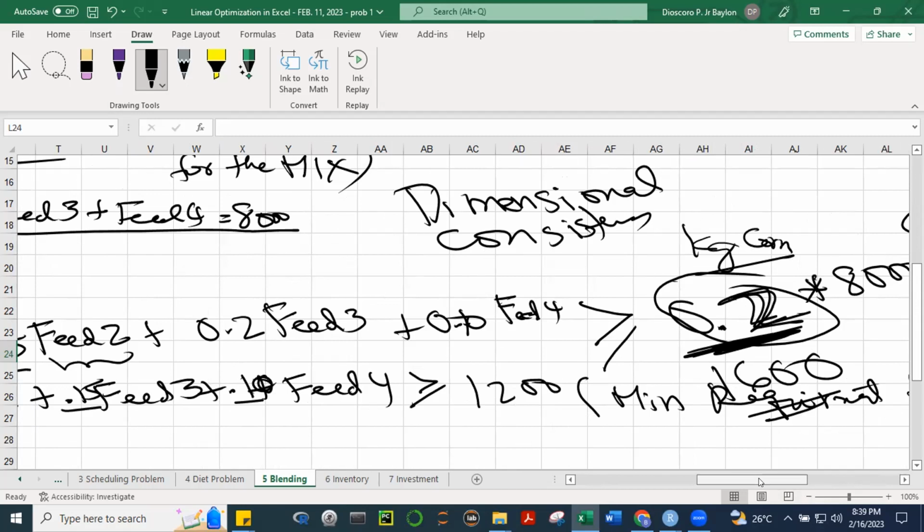Okay, so that takes care, class, of the requirement for corn, for grain, and for minerals, right?